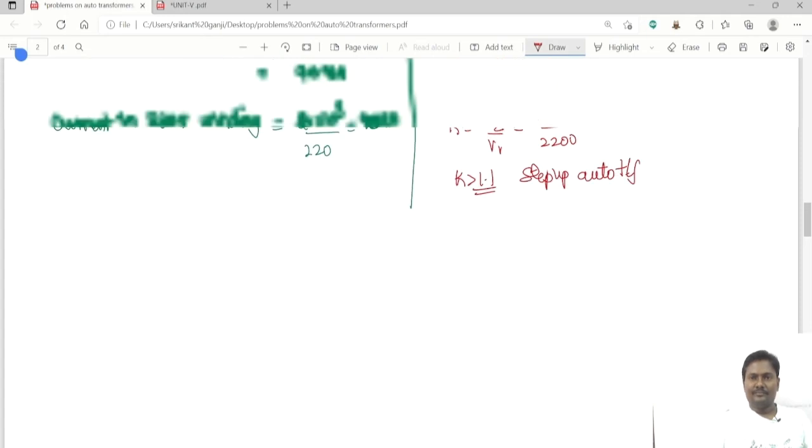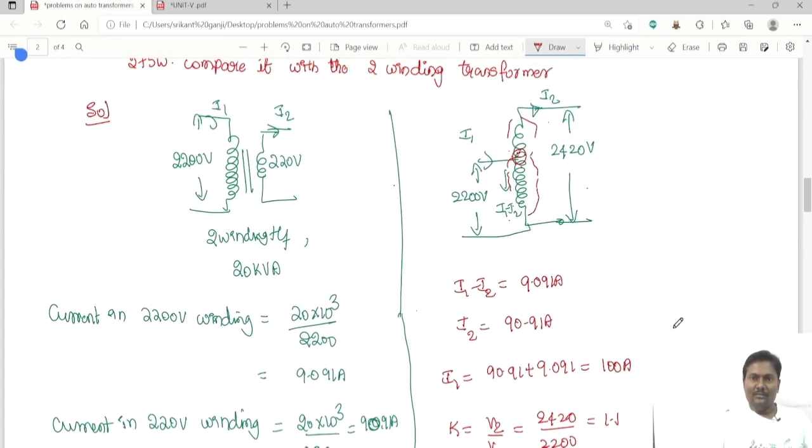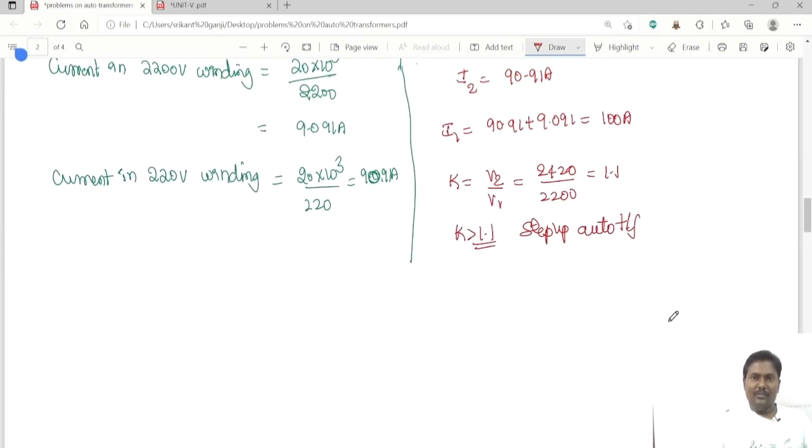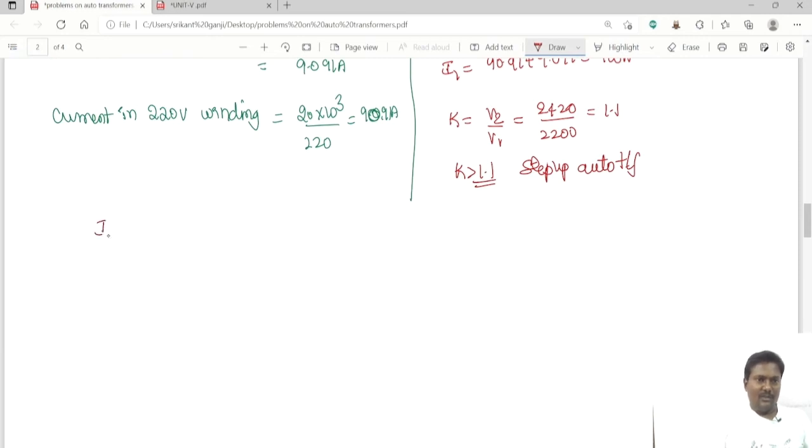And what is the I2 value? The I2 value is 90.91 amperes. This is for an auto transformer only, and K is equal to I1 divided by I2.